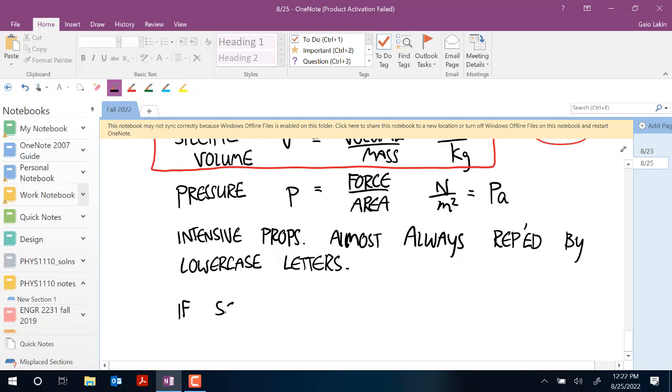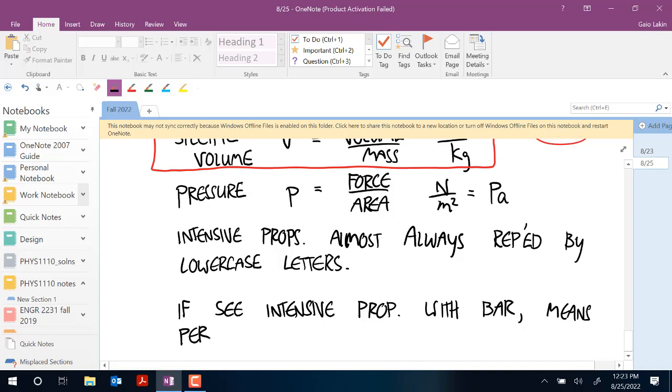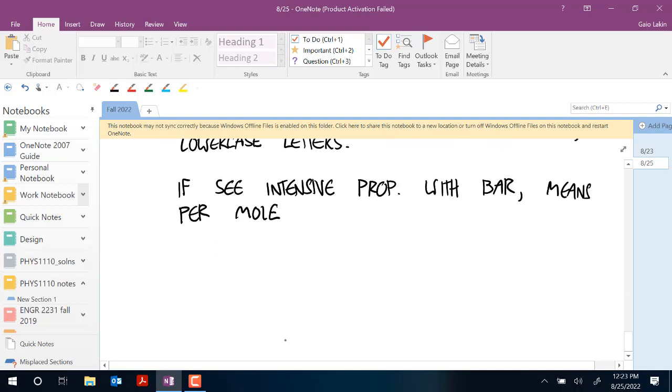If you see an intensive property with a bar over it, that means per mole of material. So for example, lowercase v with an overbar is volume per mole.